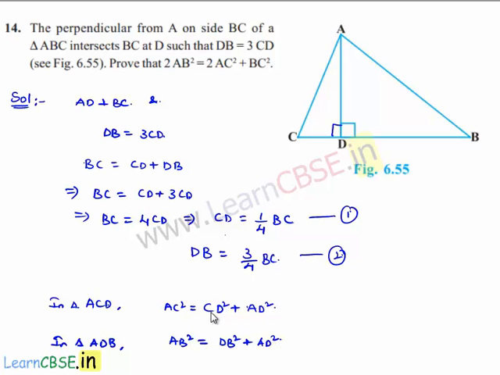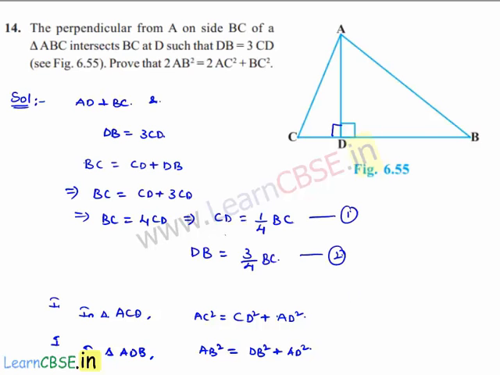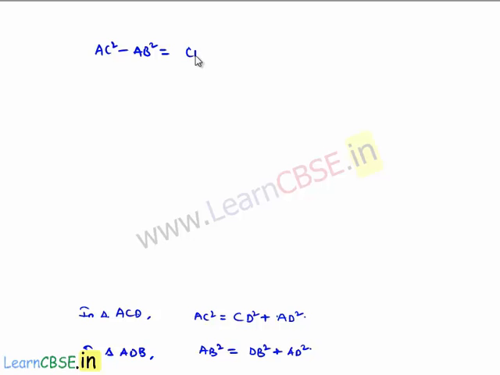So here we need to eliminate AD square. So let us subtract both the equations, then we get AC square minus AB square is equal to, AD square will be cancelled, and we are left with CD square minus DB square.